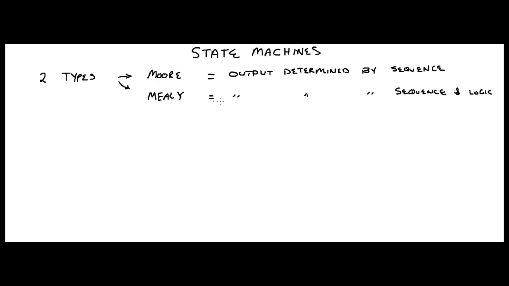In the Mealy, the output is determined by sequence and logic. This is where it gets really interesting, because then you can have multiple outputs that do many different things. This is rather fun, but we're going to start with the Moore machine first.